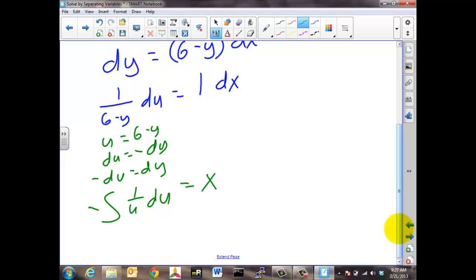Well, what's going to happen over here? It's going to turn to negative ln 6 minus y. After x is y. Yep. Plus c. Negative ln, absolute value of 6 minus y equals x plus c.